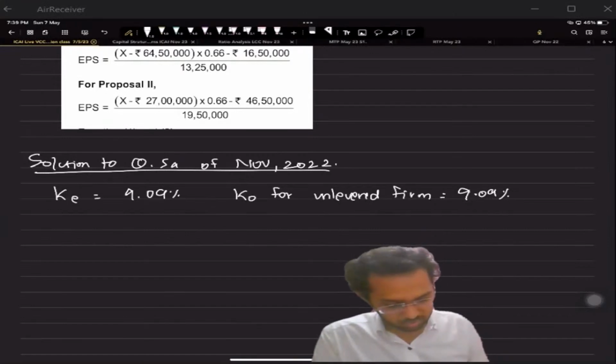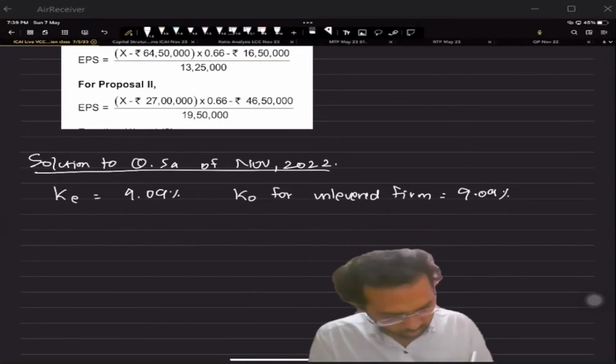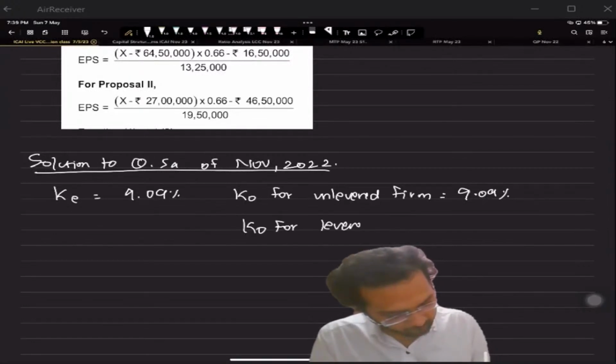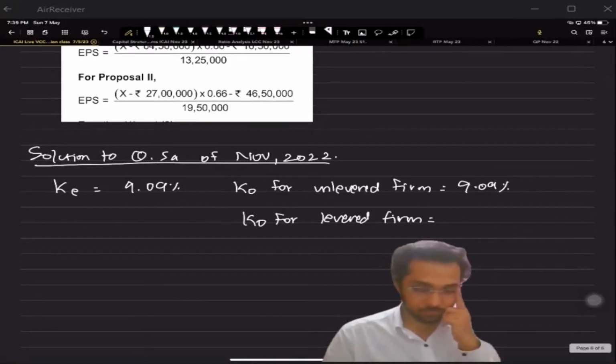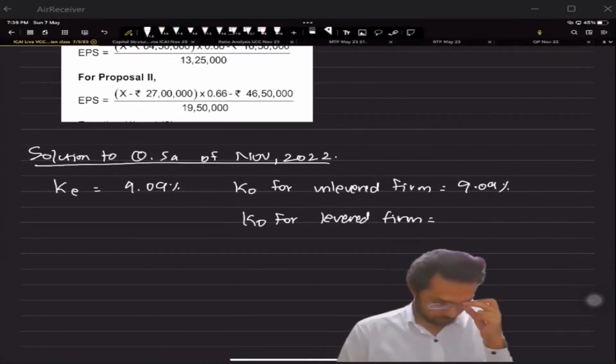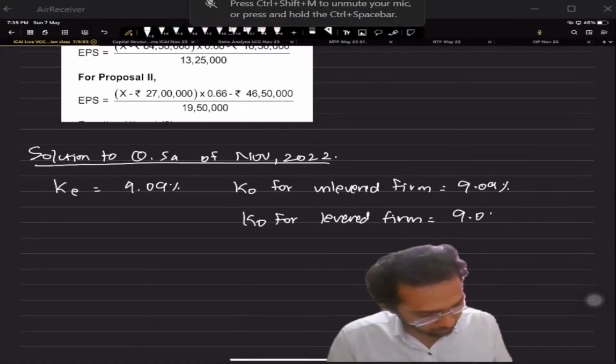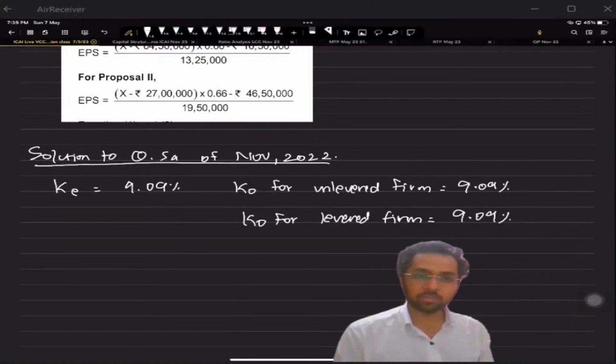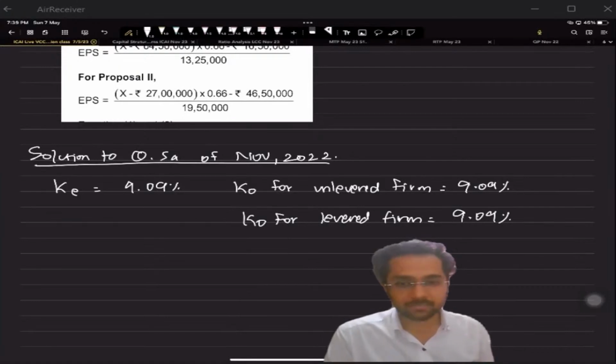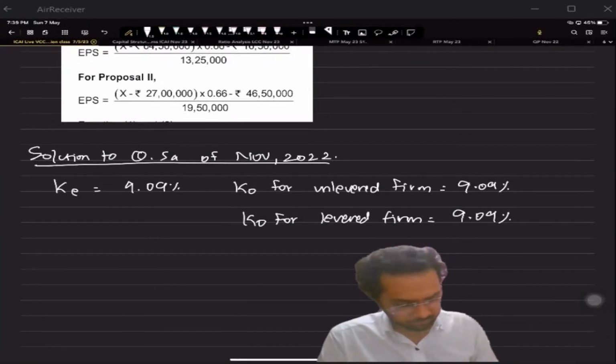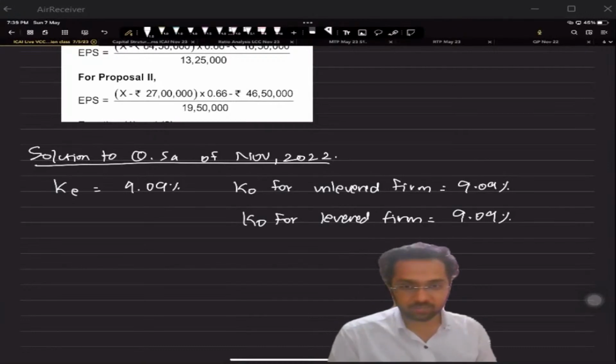And we say that KO for levered form is also going to be 9.09 because we know the KE differs as per the risk, but the overall cost of capital will remain one and the same in the absence of any taxation.